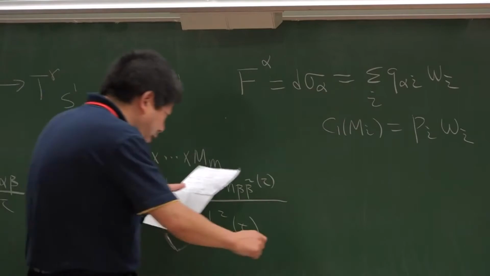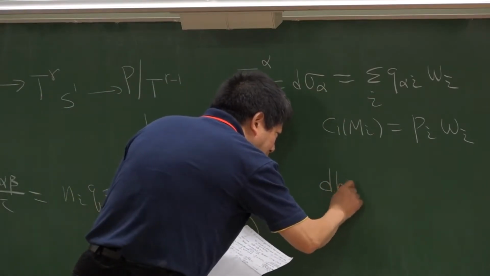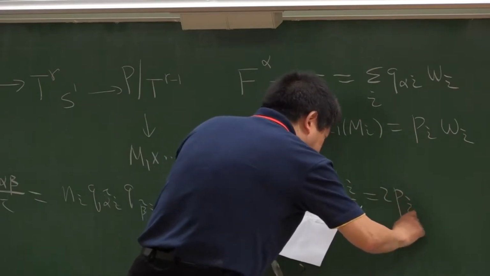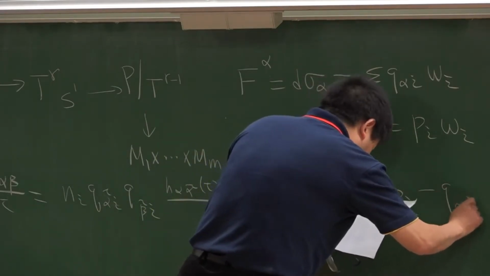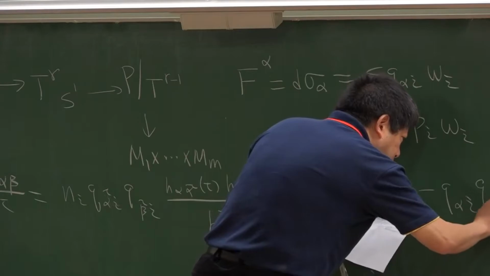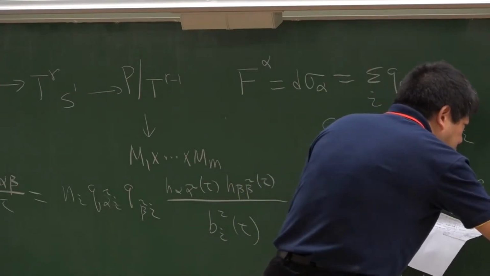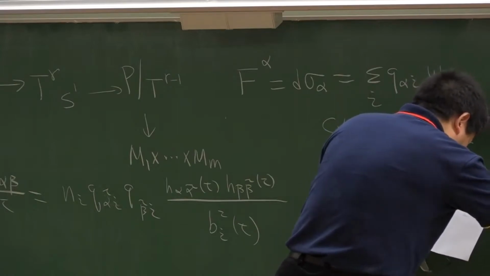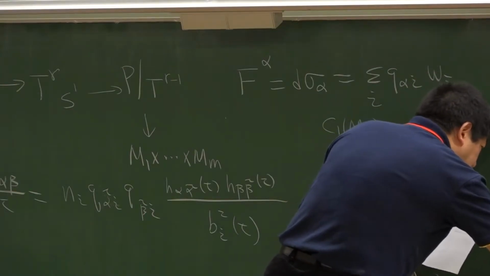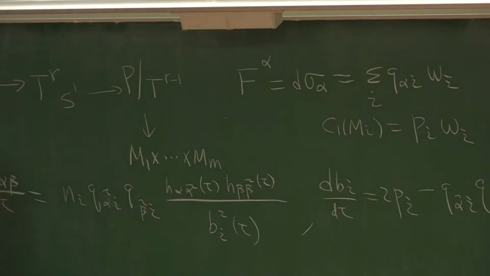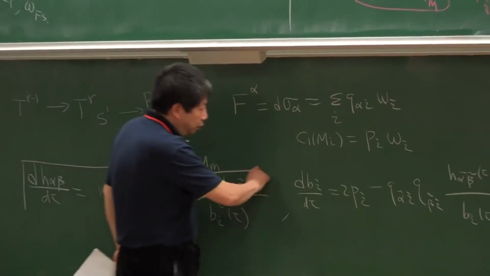And the BIs evolution equation is given by this. So just this coupled equation.